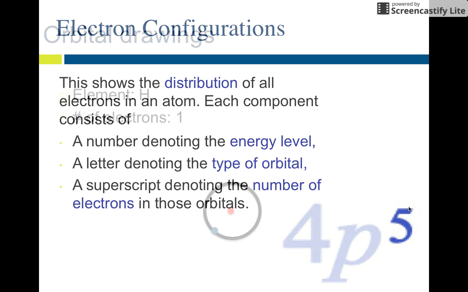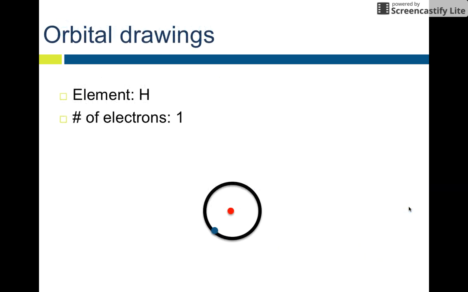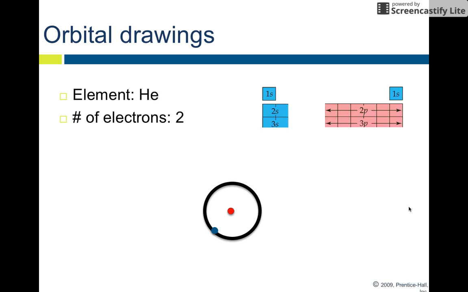So for hydrogen, we had 1 energy level, the s orbital, and there was 1 electron in it. So our electron configuration is 1s1. Let's look at helium next. Now we have 2 electrons. Helium is over here, but still technically in the s block.